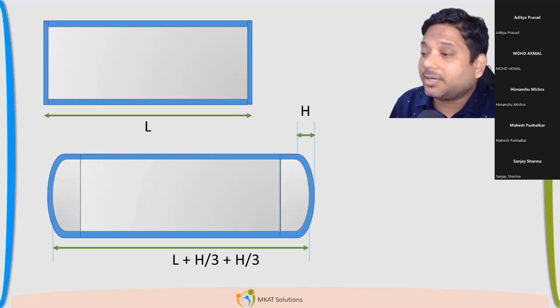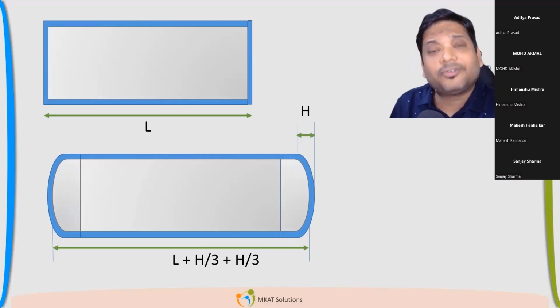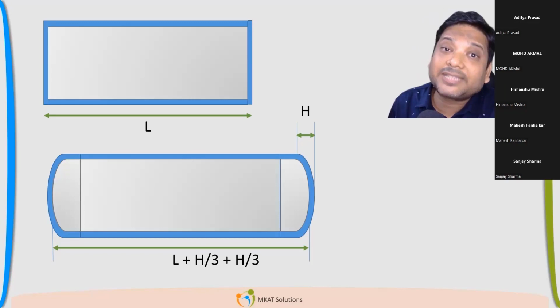But in dishend, whether to take completely end part or where tan to tan line ends, okay, or weld line, we don't know, right? So for that, code has clearly given the definition that whatever is the depth of the dishend. Now depth is from tan line to tan line, this tan line where that straight face will start, right? The skirt part of dishend.